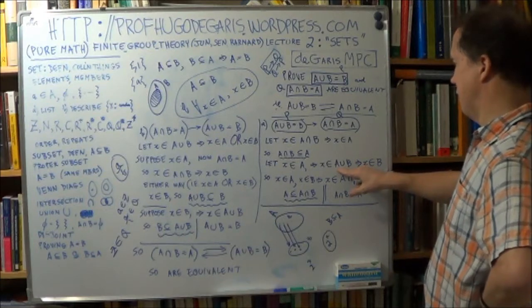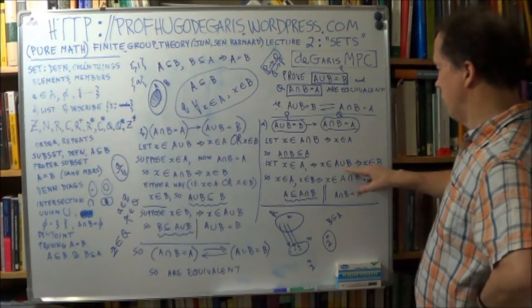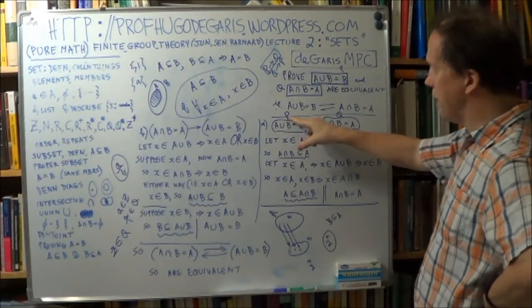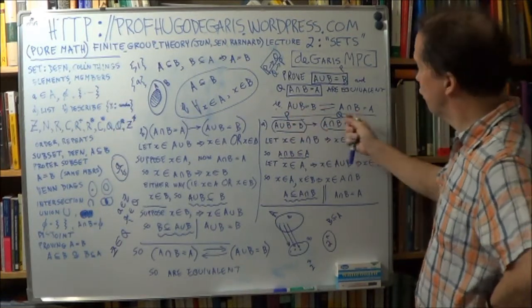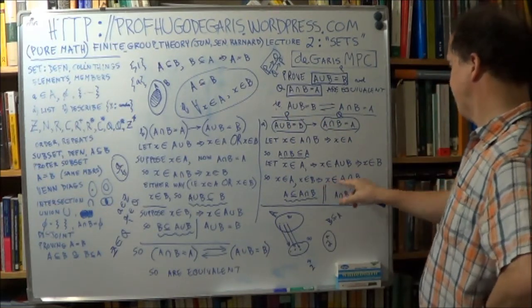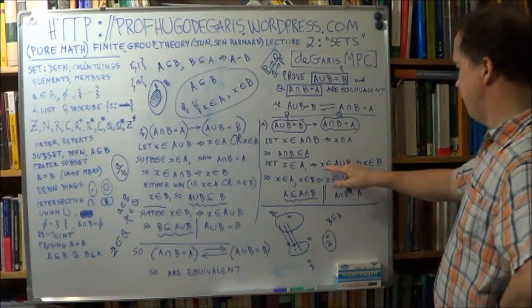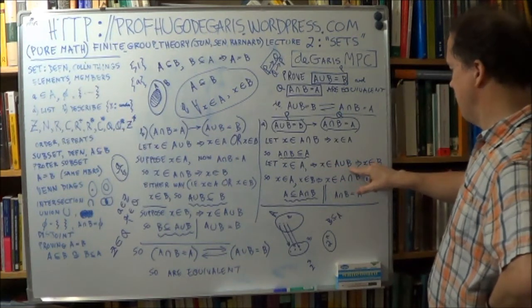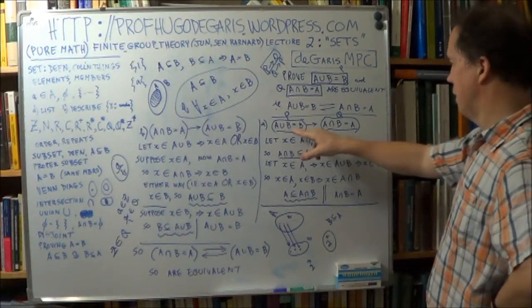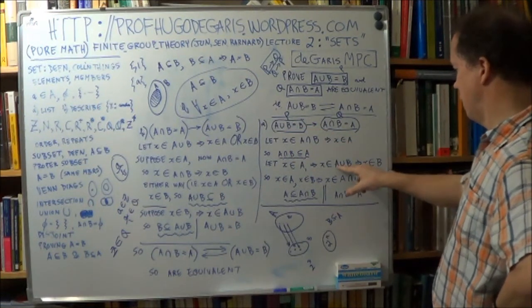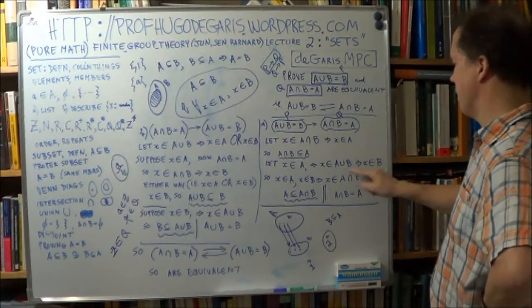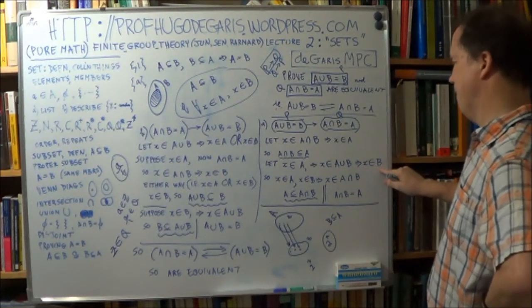Now, we know that A union B is B. We're told that. We're given that. That's P. We start with P. Right? We're trying to prove Q given P. So if X belongs to A union B, we know from here that A union B is B. So we could replace this just by B. So X belongs to B. Right?